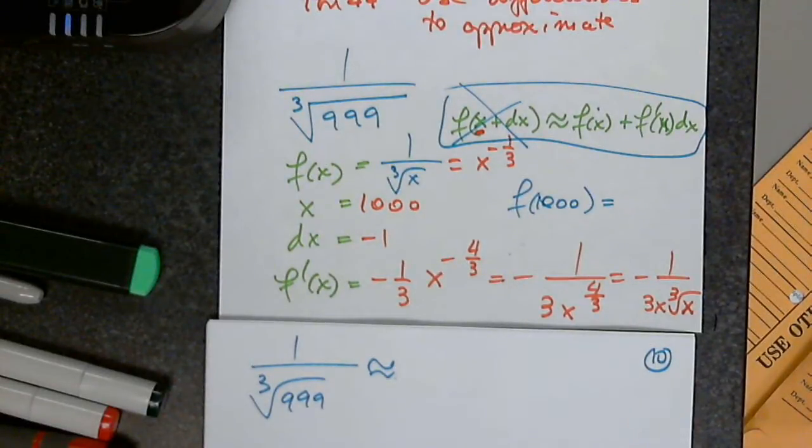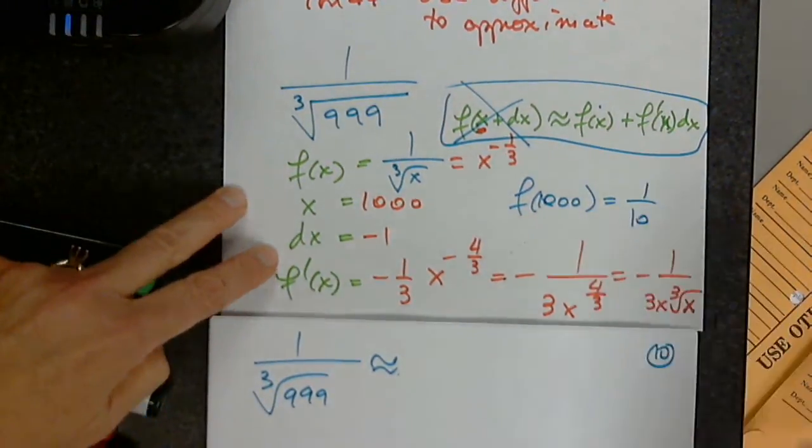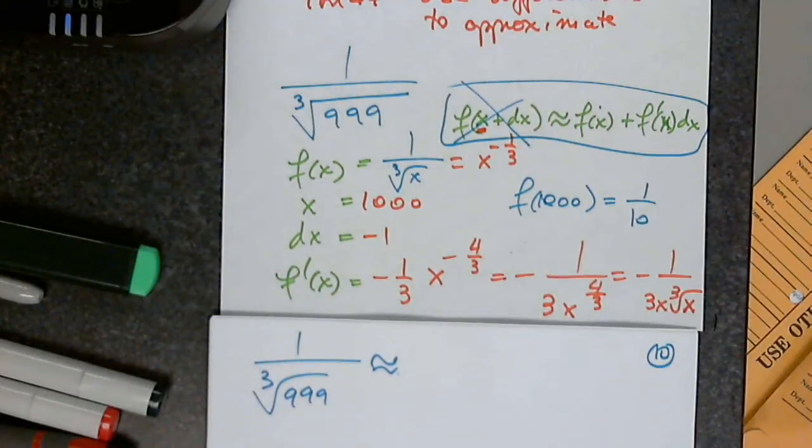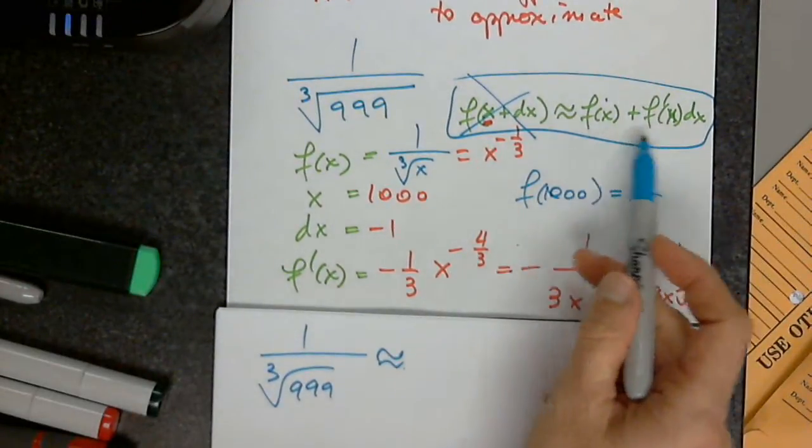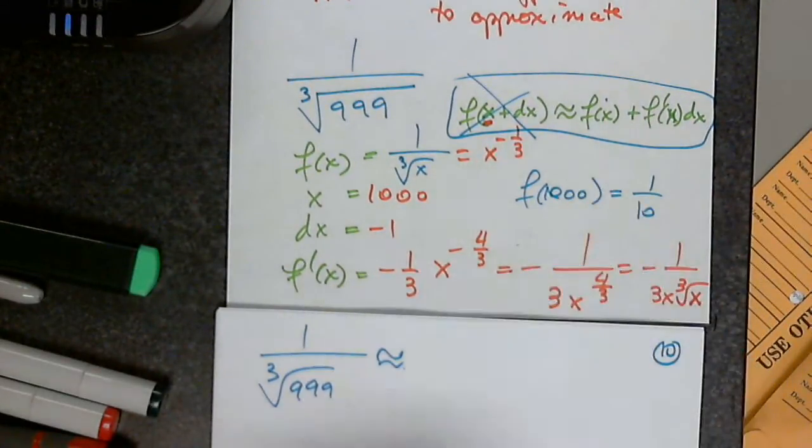How much is the cube root of 1,000? 10. So this is 1 over 10. Good. So now please dictate. So 1 over the cube root of 999 can be approximated. I'm using a line, and then I'll get a number. So how much is f of x?